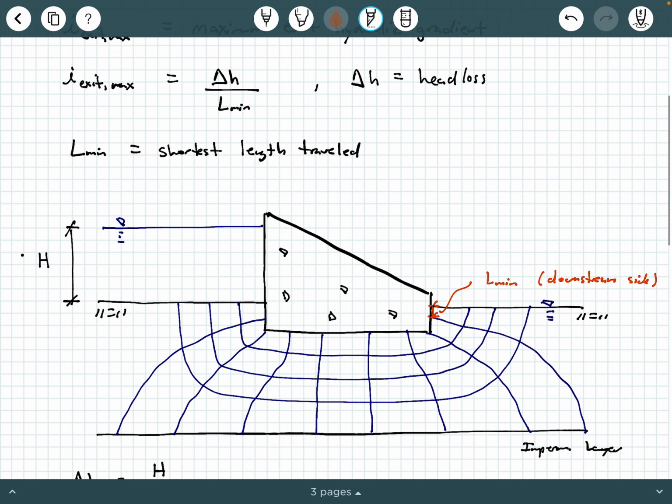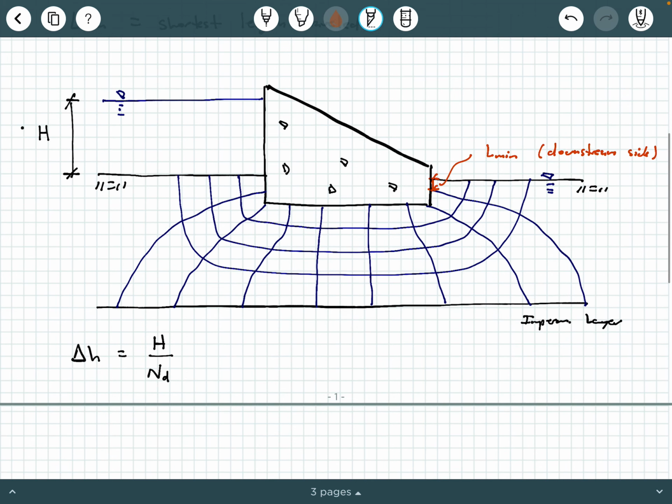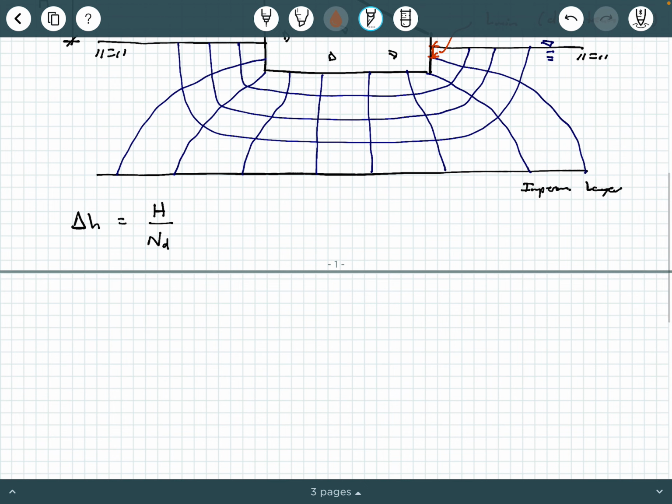You can physically measure this using software, or maybe you have a scale factor on a handwritten problem. Regardless, you get this physical dimension. This will have units of length, and then delta H also has units of length. So you calculate that I exit max. Now, what about the critical hydraulic gradient?